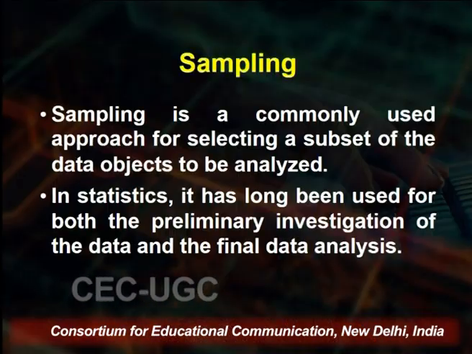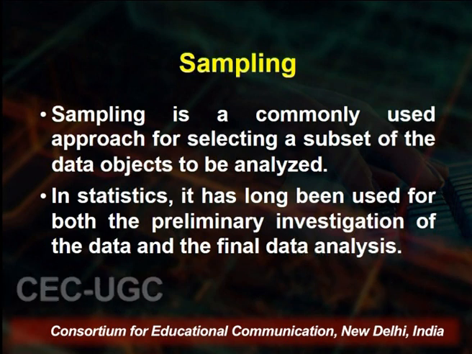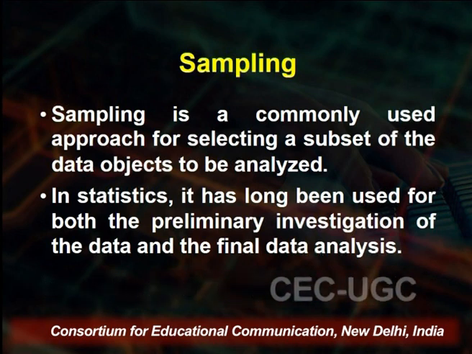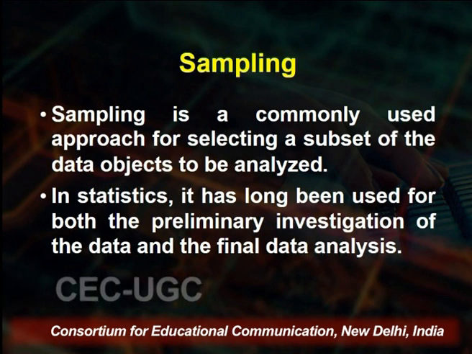The second technique which is used in pre-processing is sampling, right. We all understand, sampling is a very commonly used approach in statistics and in other domains of knowledge also. So in sampling, instead of looking at the complete population, we select a subset of the data objects which we will be analyzing.